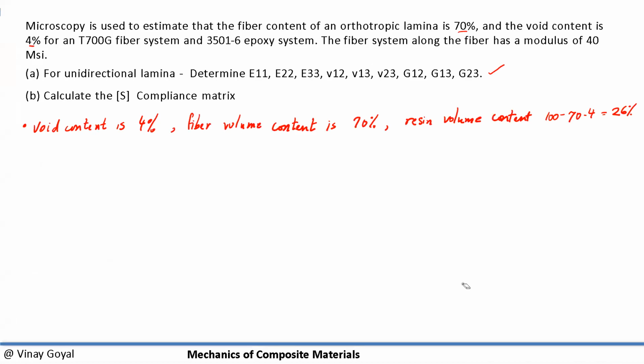And so for T700G, the modulus of fiber is 35 MSI. And we don't know the Poisson ratio, but we could assume it's somewhere in the 0.35 range.